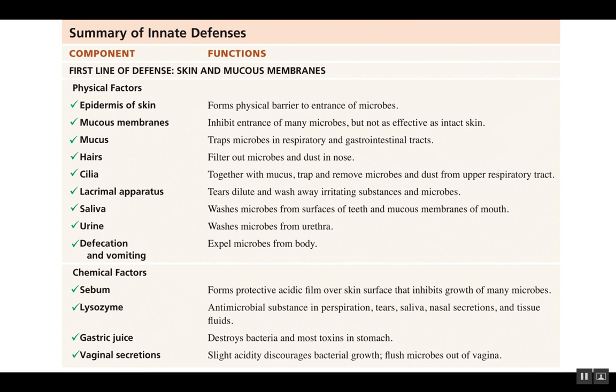And vaginal secretions are acidic. And that acidity of the vagina helps to discourage bacterial growth and helps to limit the growth in that location. So these are all first lines of defense. Skin, mucous membranes, and other secretions.